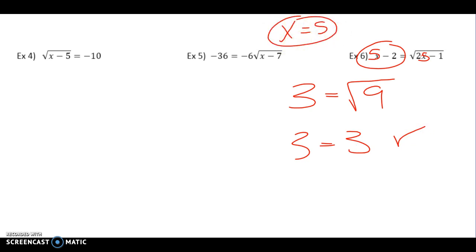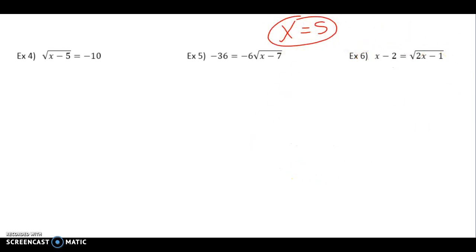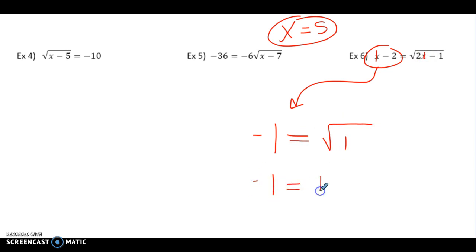The problem occurs when you plug in the other answer, which was 1. So 1 minus 2 comes out to negative 1. Equals 2 times 1 minus 1 is the square root of 1. What's the square root of 1? Negative 1 does not equal 1, so I would not include that in my answers. That's one.